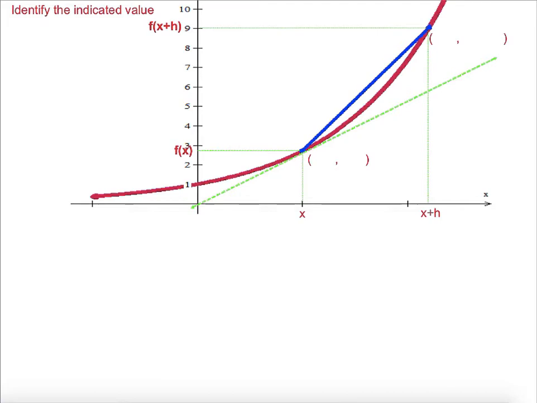And now we can focus on the lines themselves, the slopes that we want to calculate. Because the coordinates, and I'll just put them here even though we have them labeled pretty well on the x and y axis, I'll put them here anyway. The two coordinates on this blue secant line are x, f of x and x plus h, f of x plus h.